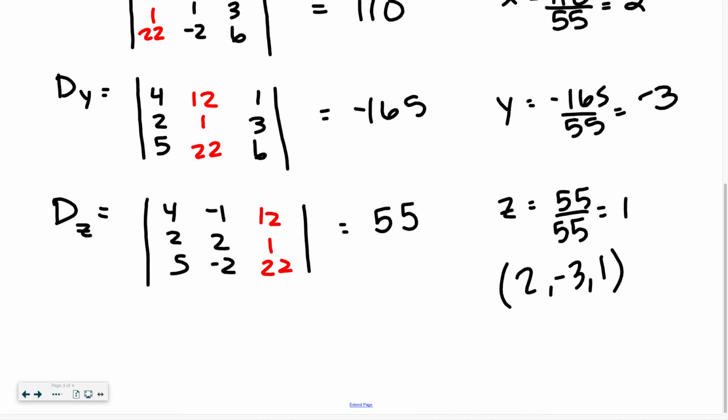If there was a 3-variable system on the test that was no calculator, your 2 options would be augmented matrix and Cramer's rule. I wouldn't give you the option of a matrix equation for a 3-variable system because you don't know how to do an inverse without a calculator. So you would have to choose, do I want to do the row echelon form or do I want to do all the determinants?